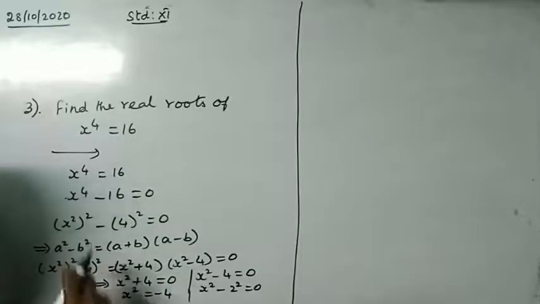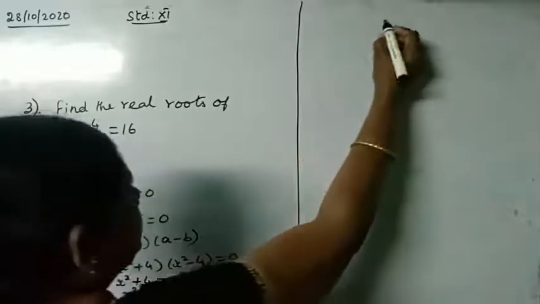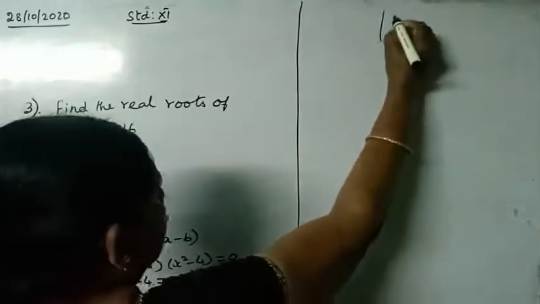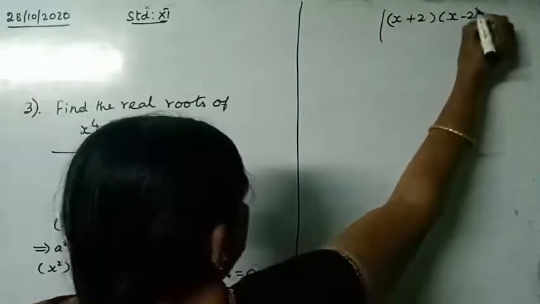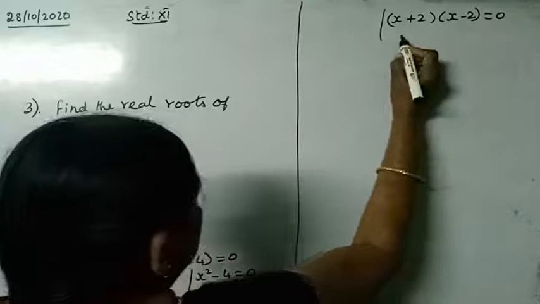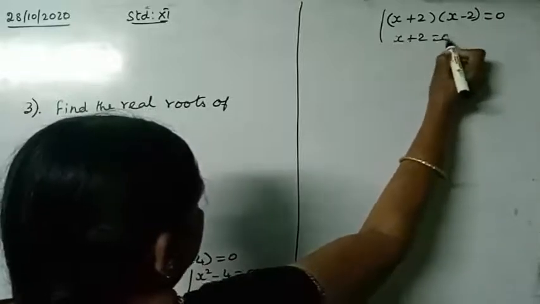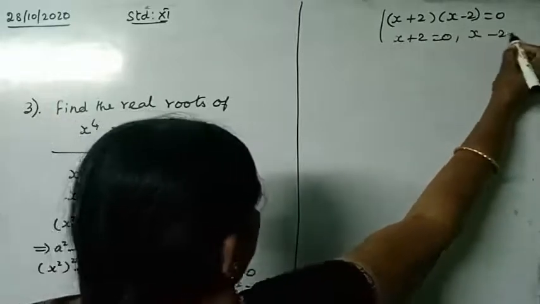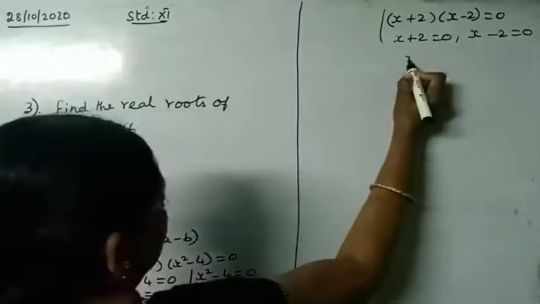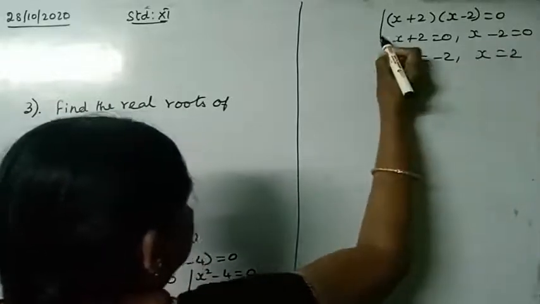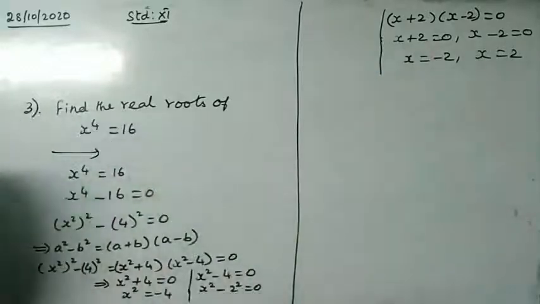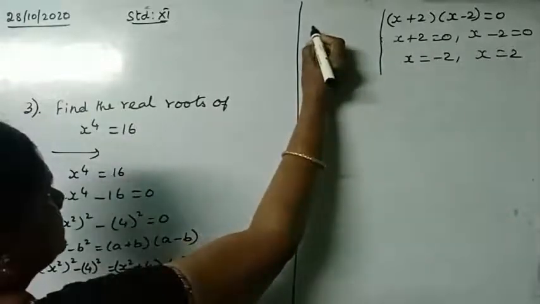So once again, if I apply this identity, it becomes x plus 2 and x minus 2 equal to 0. So x plus 2 equal to 0 and x minus 2 equal to 0. So therefore x is equal to minus 2, x is equal to plus 2. And on the other side, x square is equal to minus 4.